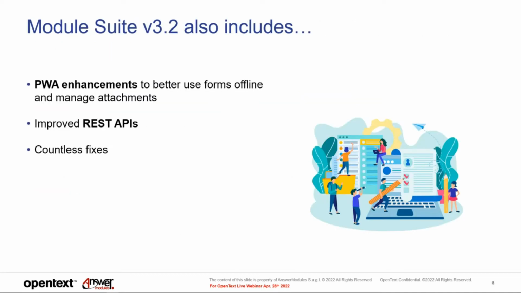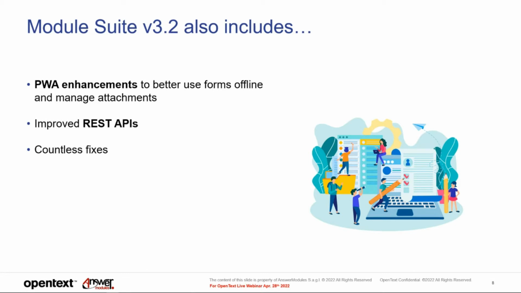There are also other improvements and new features that we've introduced with 3.2, and we will be discussing these later on. First and foremost, we've made enhancements to the PWA forms.